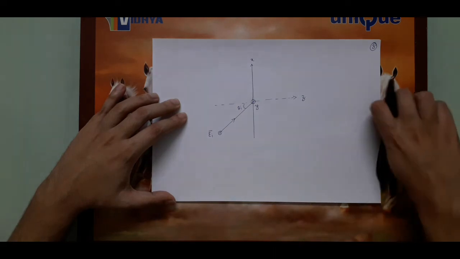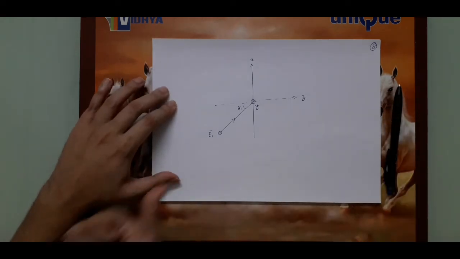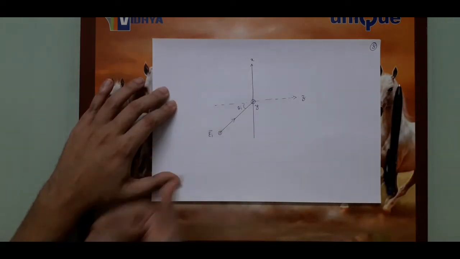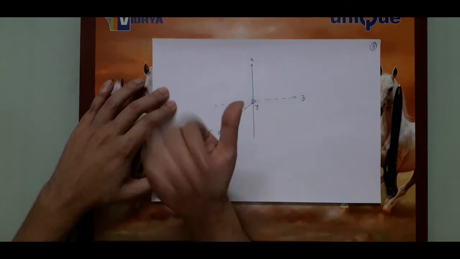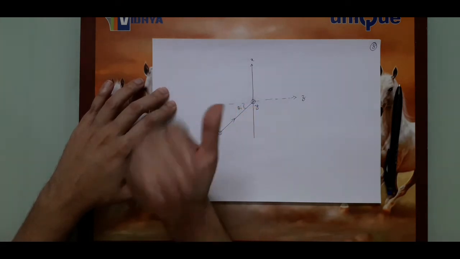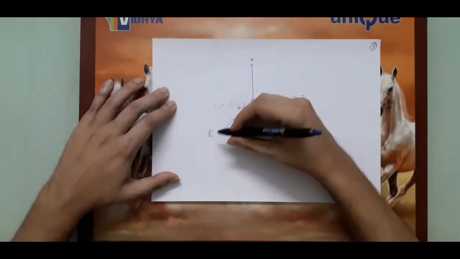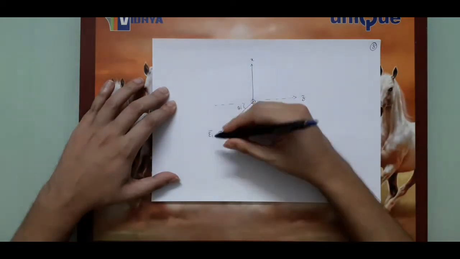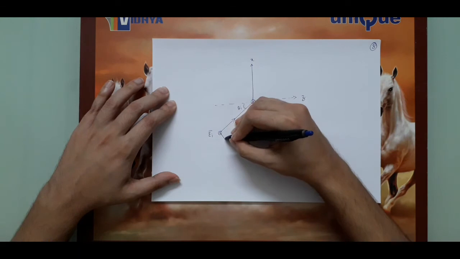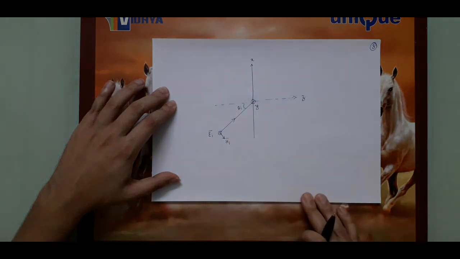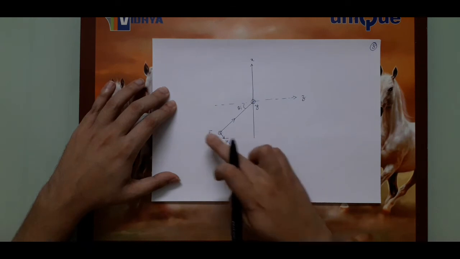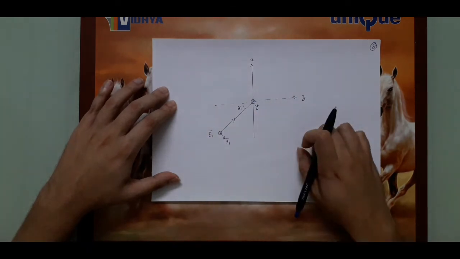Simple, you have to use the right hand thumb rule. If the thumb points towards the direction of propagation, then the curled fingers must go from E to H. That means the H vector will be along the XZ plane. So this is the HI vector. Simple, the cross product of E and H will give you the direction of propagation.